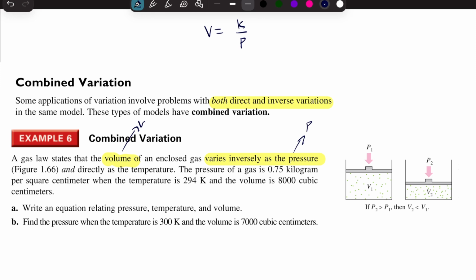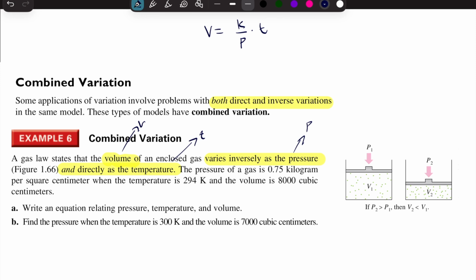But then it says, and directly by temperature. Call temperature T. So direct variation is when we multiply by our independent variable. So it's now going to be times T as well. So that's both direct and inverse variation.